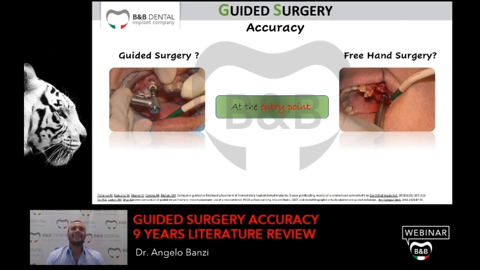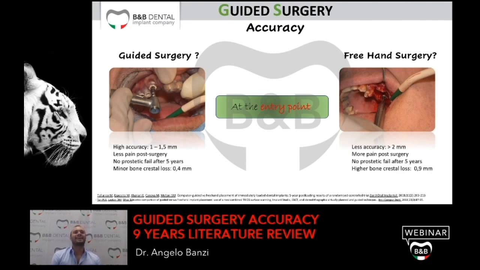What about now the accuracy? If we compare the guided surgery technique with the freehand surgery technique, these two articles are really interesting because they asked the same doctor to place the same implant guided by a template and freehand. And what did we find out?